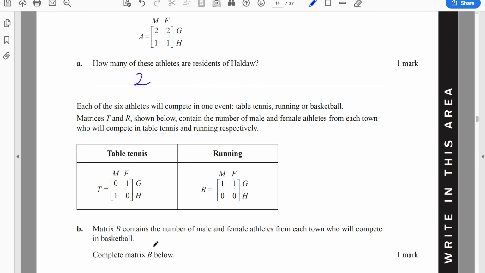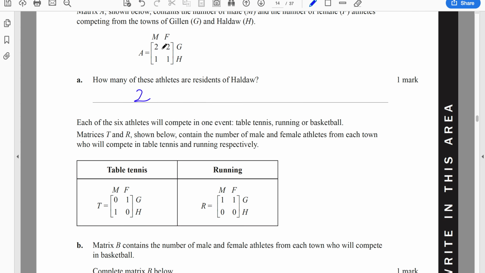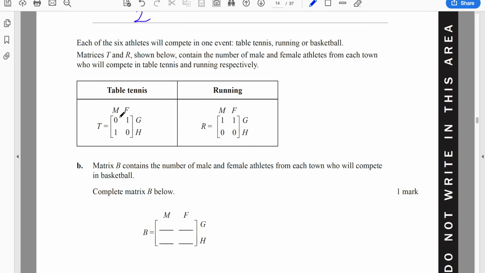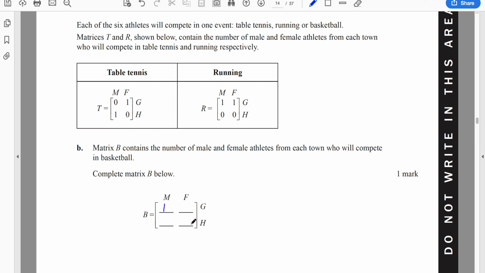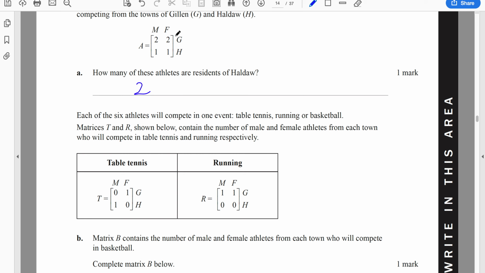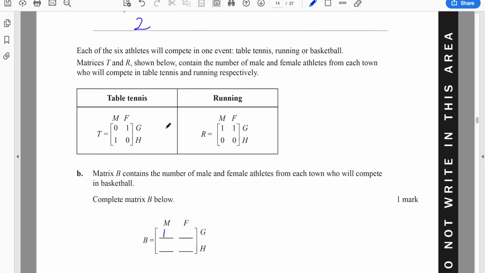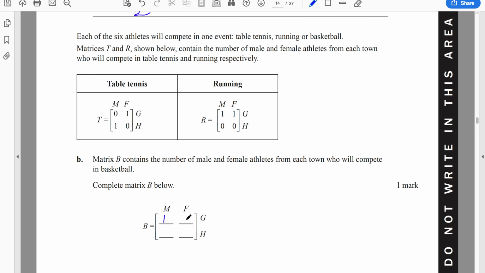So if we have a look at the total number we want for males from Gillen, we need 2 males from Gillen altogether. At the moment, we've got none in table tennis. We've got 1 in running, which means we need to have 1 to make up for that other person that's doing basketball. If we have a look up here for the females, we've got 2 of them. And if you have a look here, 1's doing table tennis, 1's doing running. So we can't have any of them doing basketball because we've already got 2 accounted for just here.